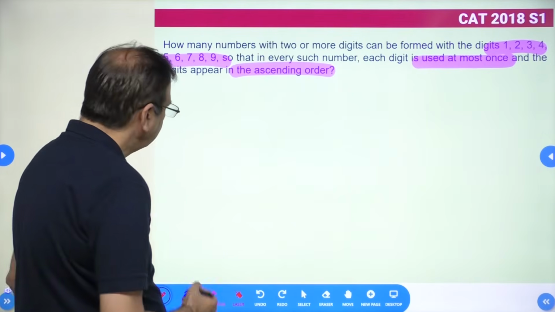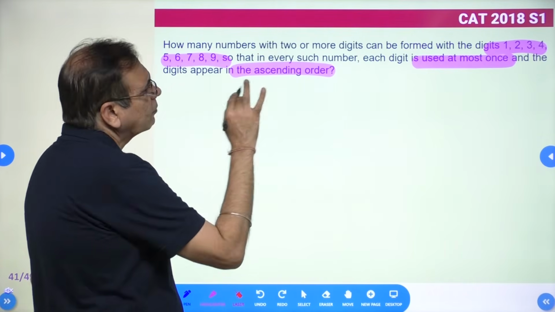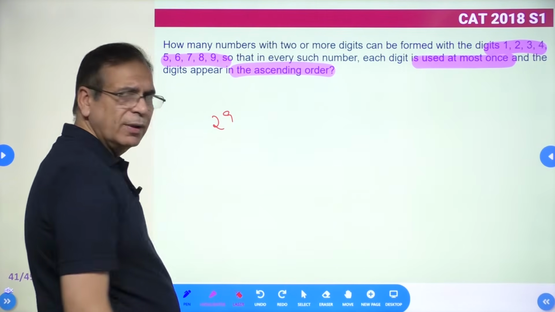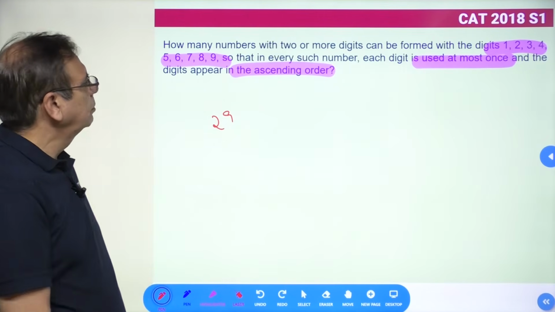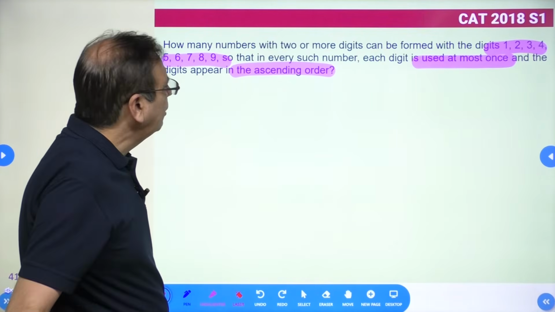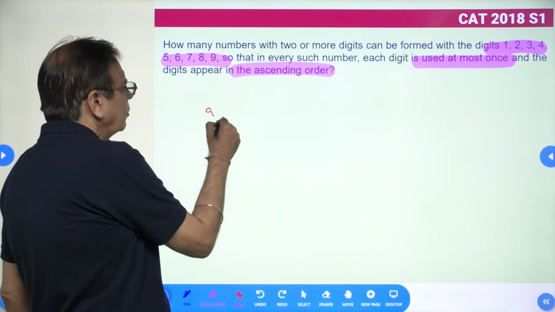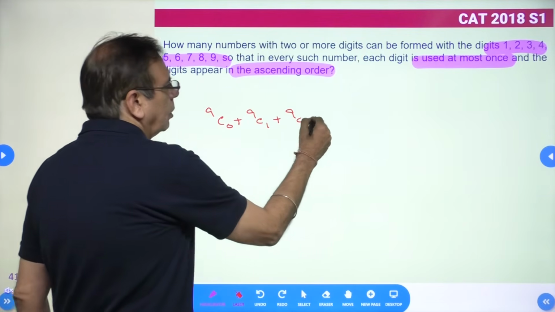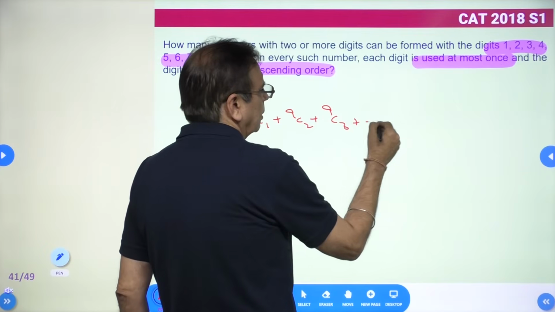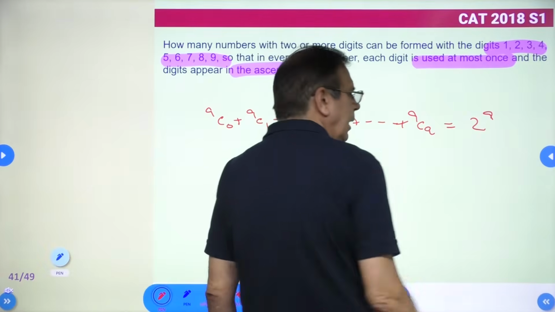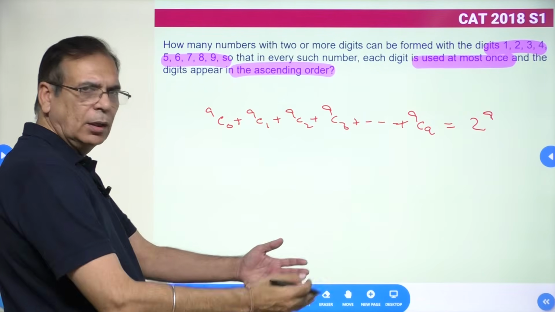Now if I've got these 9 digits, 1 to 9, I can arrange them in 2 to the power 9 ways, because that's if you go back to the basics of permutation combination. And we can also say 9C0 plus 9C1 plus 9C2 plus 9C3 up to 9C9 is equal to 2 to power 9. Something that all of us know.